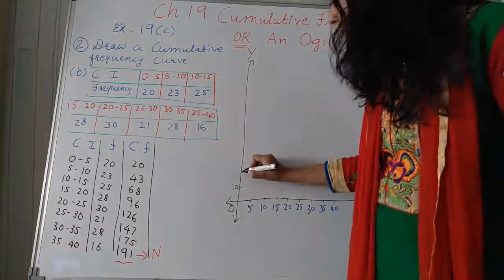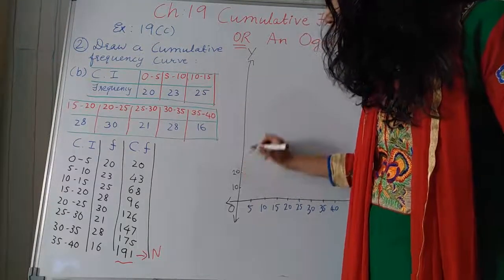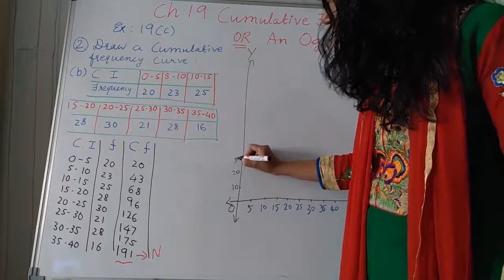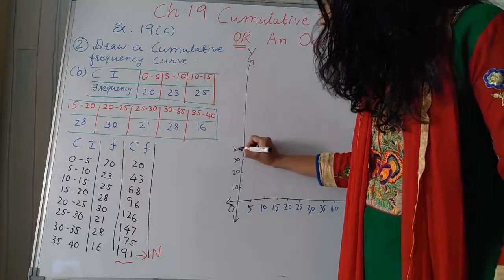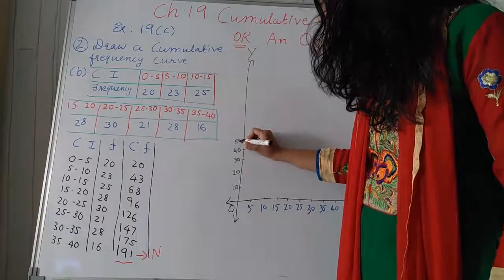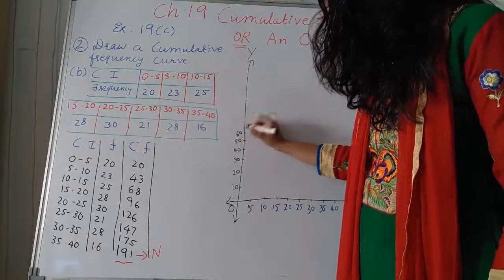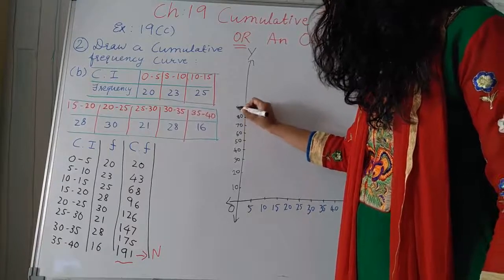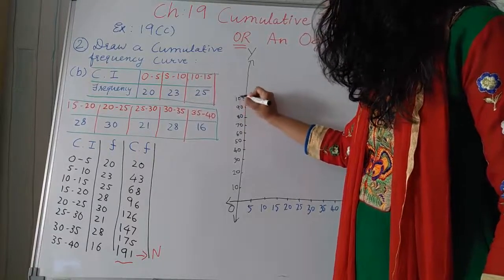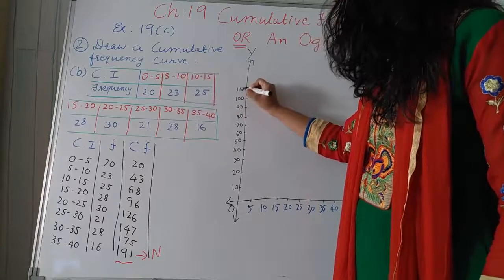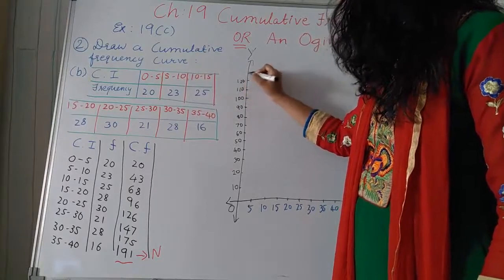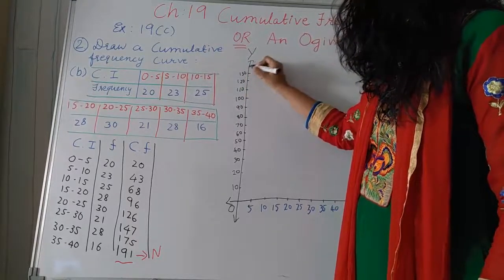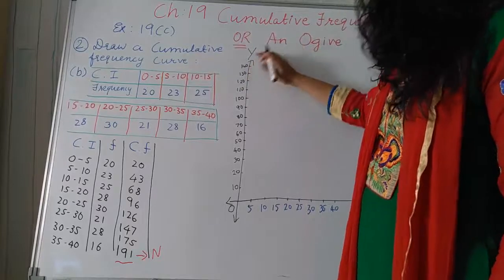10. Then here 20. This is 30, 40, 50, 60, 70, 80, 90 and 100. Then 110, 120, 130, 140.